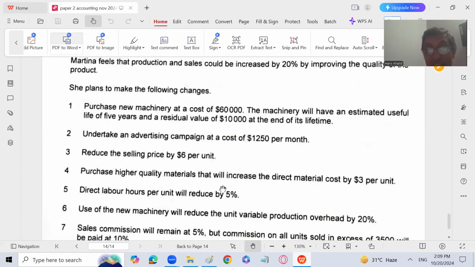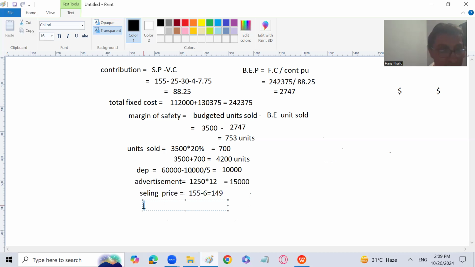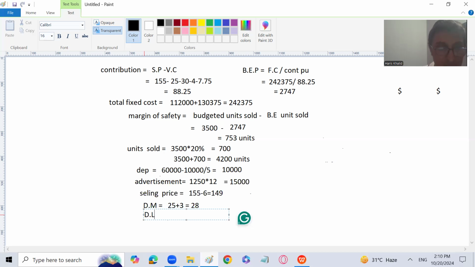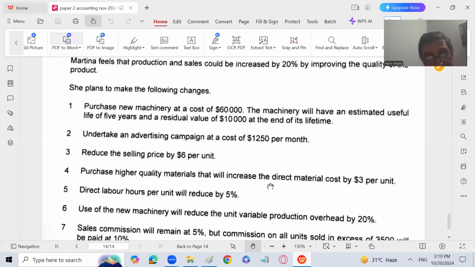Purchase high quality material as discussed, and that will increase the direct material cost by $3 per unit. So because of high quality material, the direct material price will increase by $3. So 25 plus 3 is going to be 28. So the direct material is going to be 28 now because of this high quality material and changes.